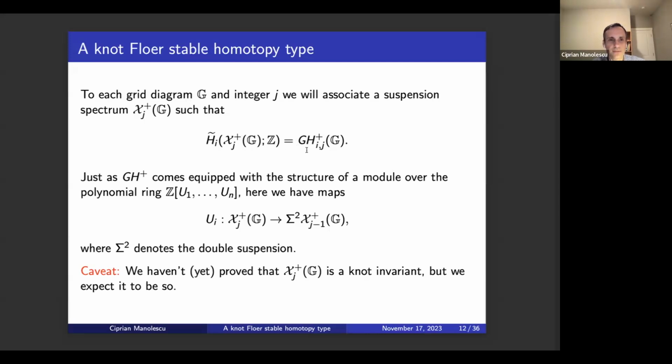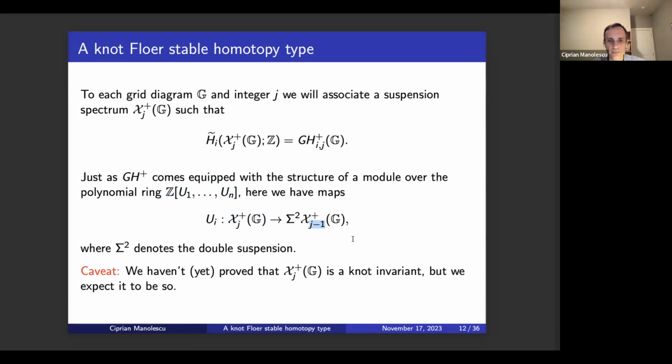We're doing this for the version plus, but there are other versions as well. The homology was a module over this polynomial ring, and the action of these variables corresponds to actual maps from the spectrum in one Alexander grading to the spectrum in another Alexander grading, with some suspension.